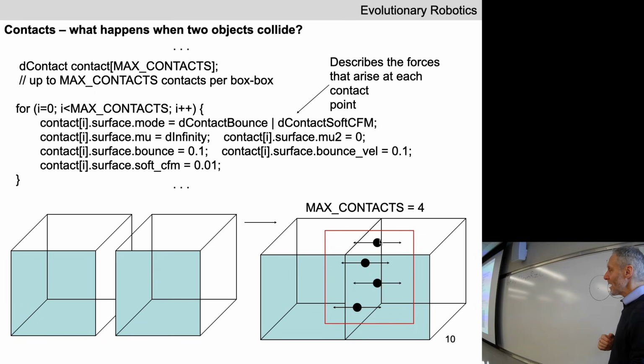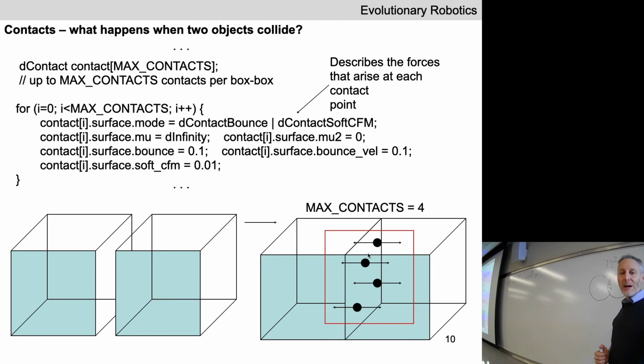Or you work for NASA and you're simulating the skin of the space station, and you're simulating what happens when a micrometeoroid comes into contact with the surface of the space station. Very important that you simulate that collision correctly. Okay?